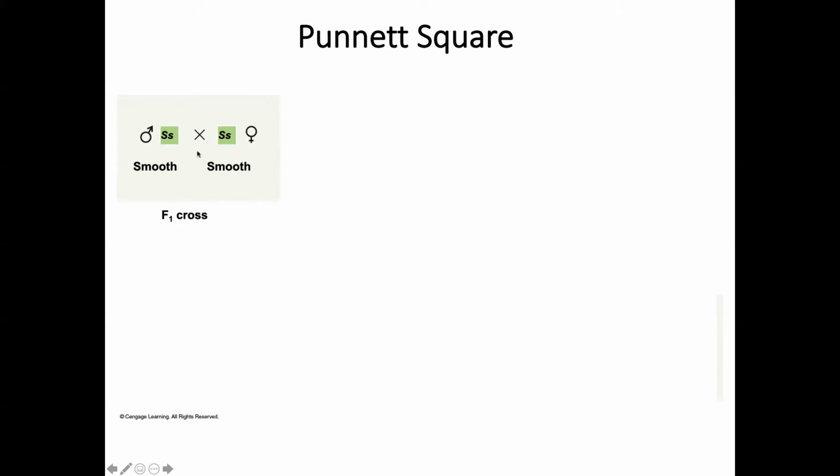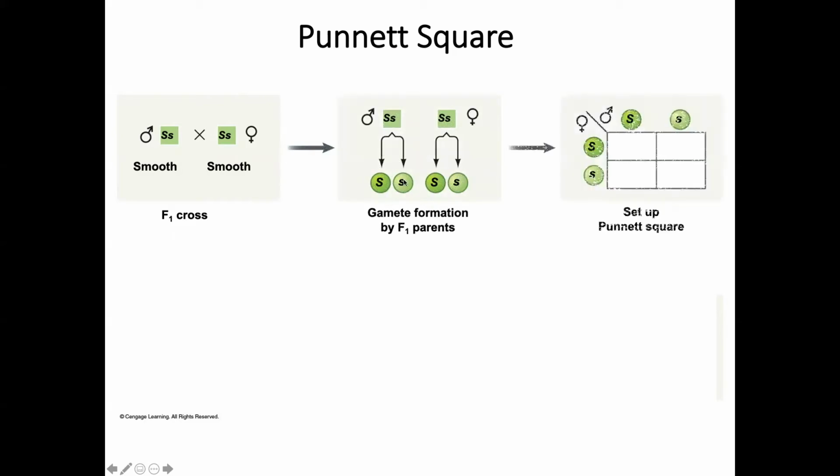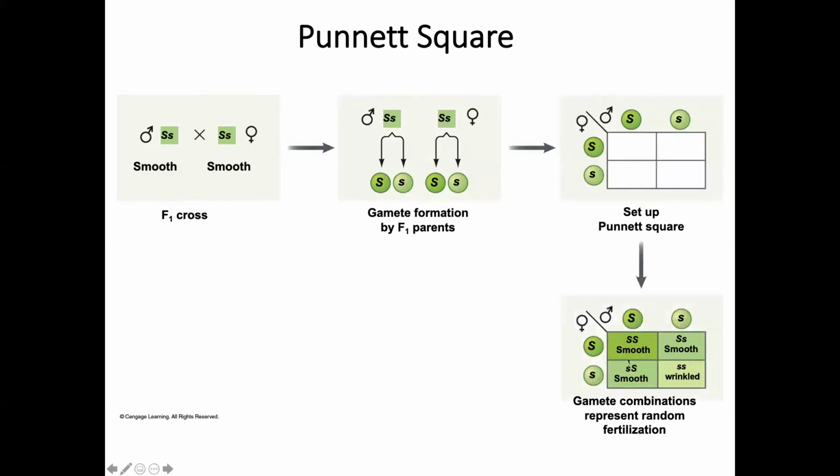When they cross, based on the principle of segregation, each parent will contribute a big S allele or a small s allele, okay? And these alleles have different combinations that can be deduced from the Punnett square, resulting in 2 different homozygous, big S big S or small s small s, and 2 identical heterozygous offspring, both big S small s, okay?